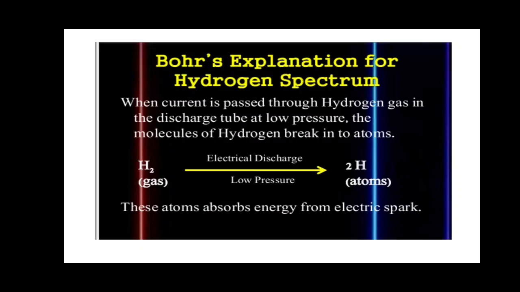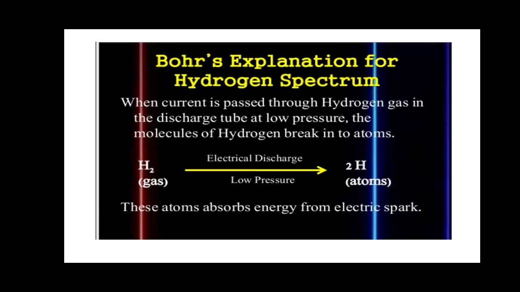According to Bohr, when current is passed through hydrogen gas in the discharge tube at a low pressure, the molecules of hydrogen break into atoms.